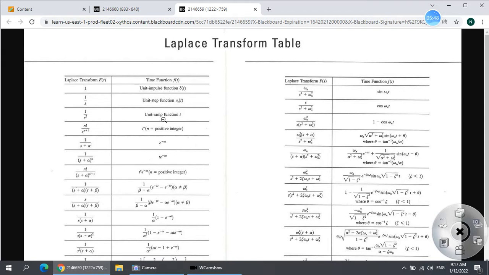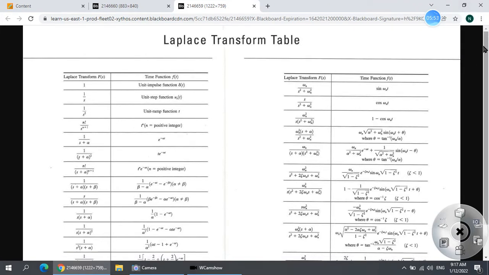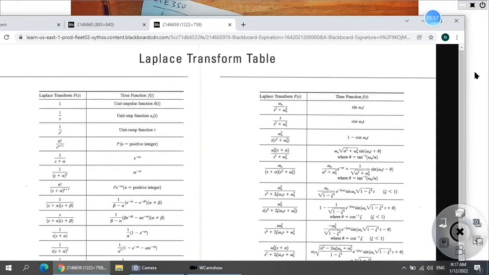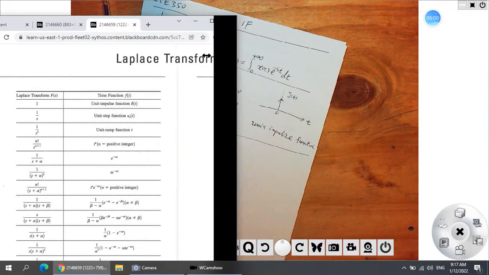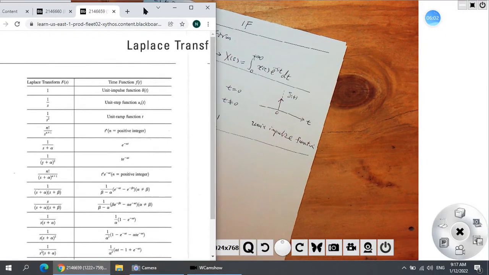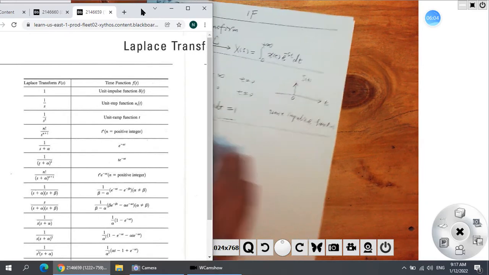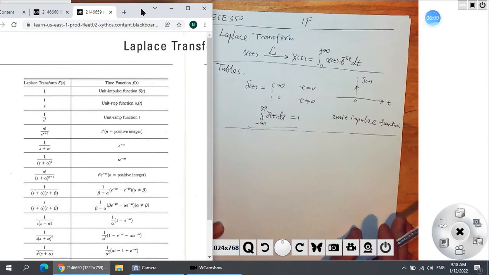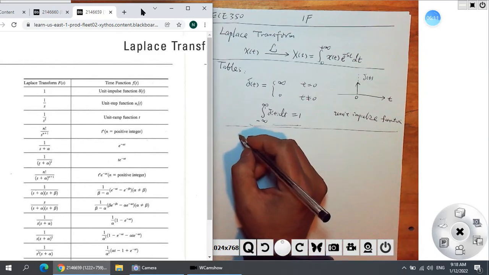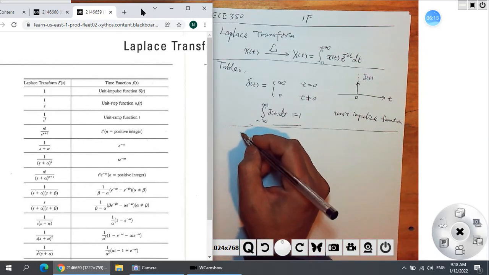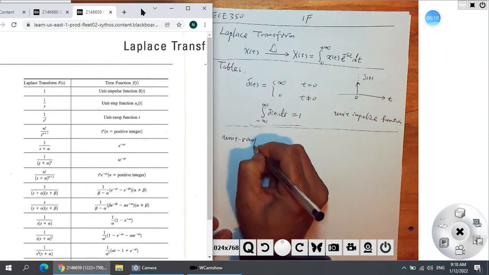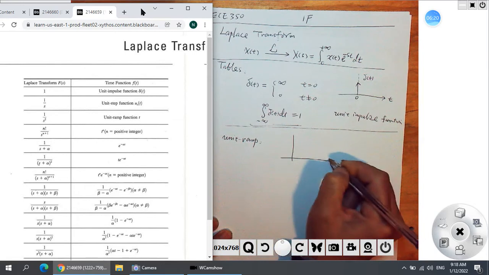Yeah, t is a ramp, right? T is a ramp. Now we can see both. T is a unit ramp. Yeah, it looks like this, right?